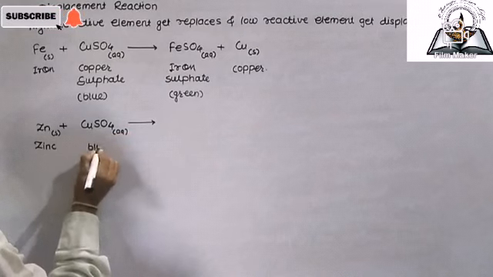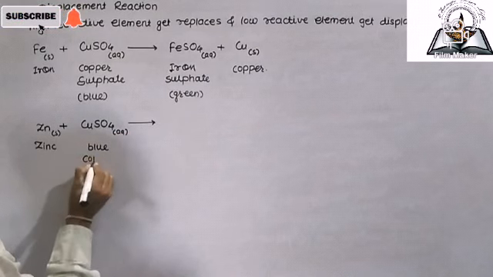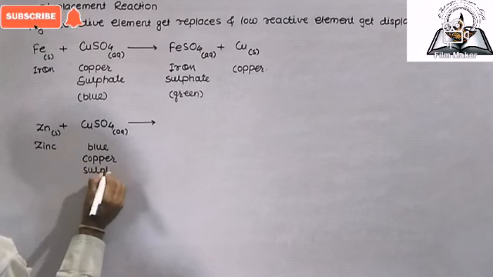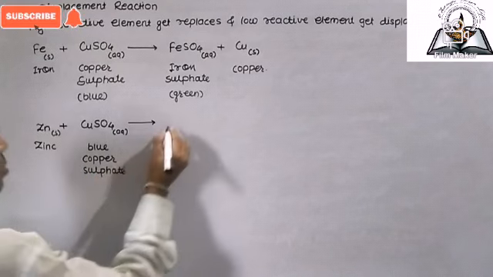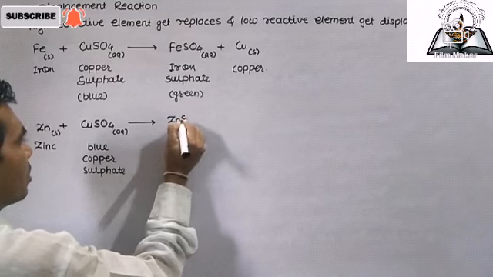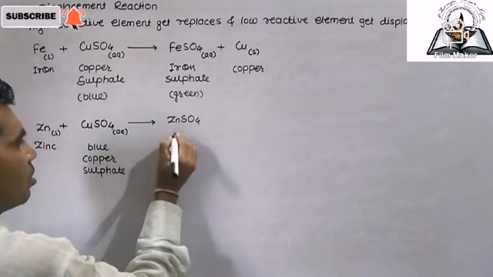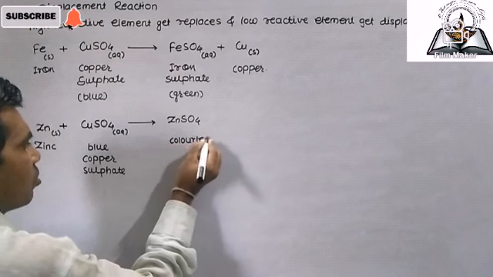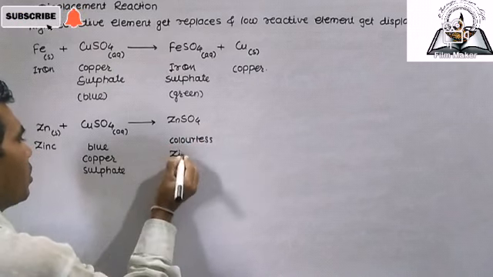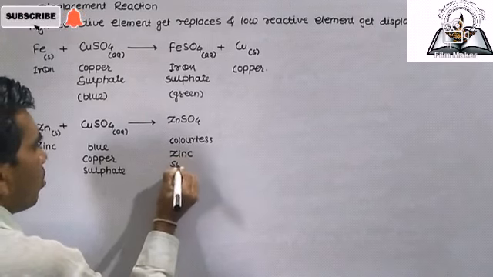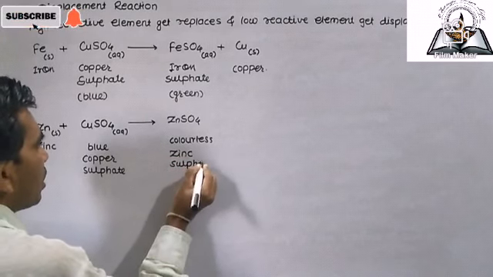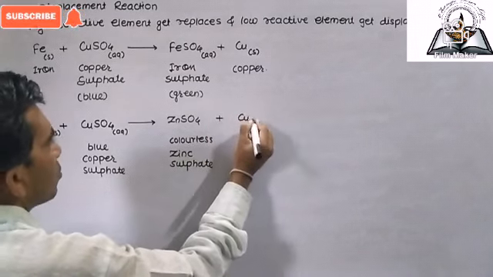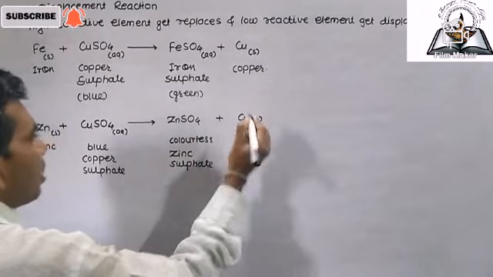The blue color of the copper sulfate solution fades out and it gets converted to zinc sulfate, ZnSO4, a colorless solution, and the chemical reaction is said to be a displacement reaction.